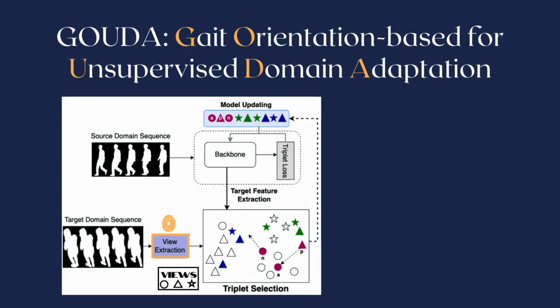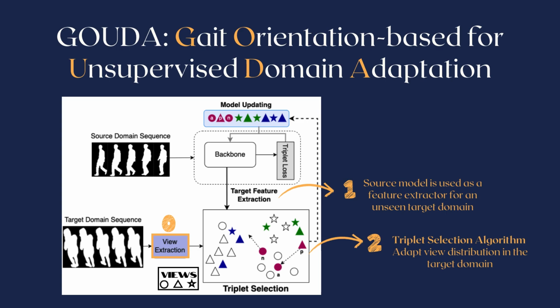Here is an overview of GOUDA. At stage 0, we estimate a single view for each gait sequence in the target domain using its provided key points. We use a gait model pre-trained on the source domain as a feature extractor for the unseen target domain.